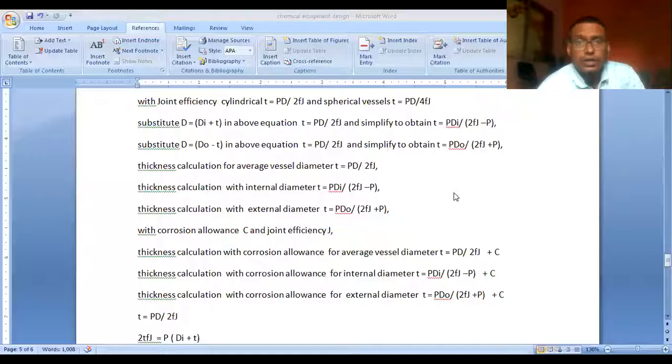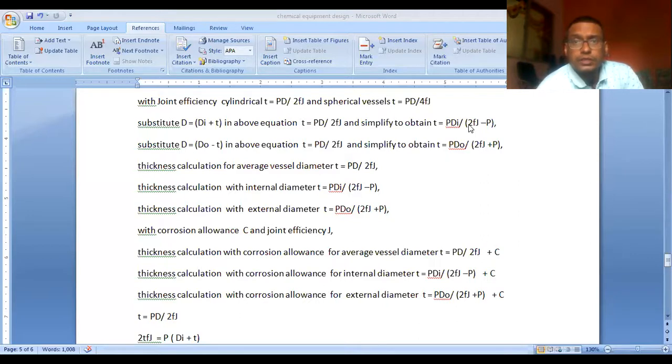These calculations are for cylindrical vessels. Similarly, we can also do the calculations by considering a spherical vessel. In the case of a spherical vessel, it is 4Fj instead of 2Fj.